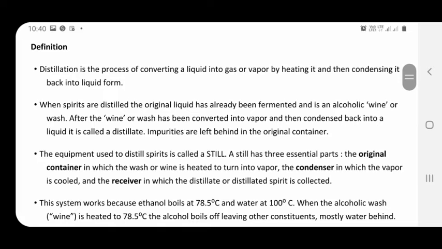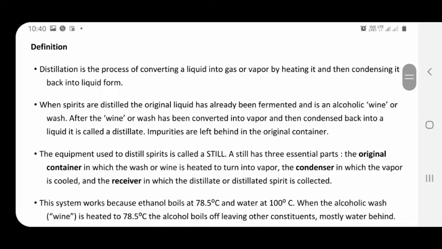After the wine or wash has been converted into vapor and then condensed back into liquid, it is called distillate. Impurities are left behind in the original container. One more thing I want to tell you here.